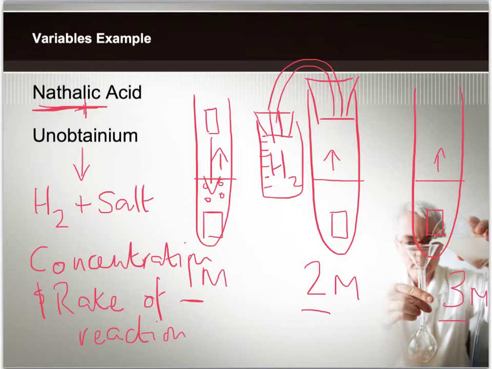Now it's very important, I'll get to this later on as well, that the rate of reaction is not confused with the amount of gas that's produced overall. What we're looking for is how fast that gas is being produced. That is the rate. You could almost describe it as millilitres of hydrogen gas per minute.